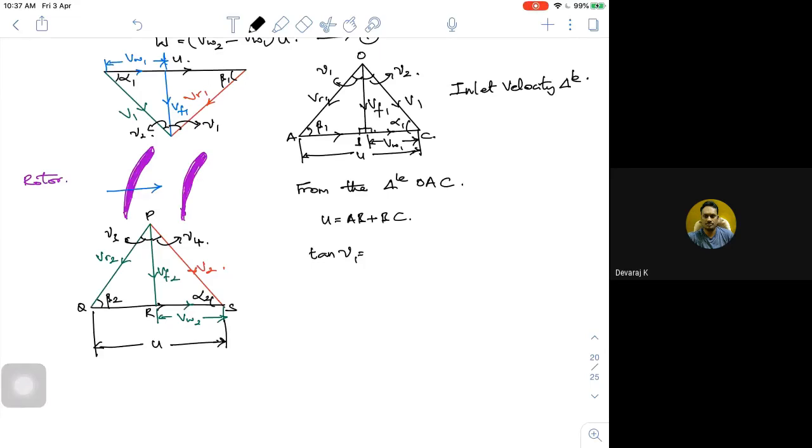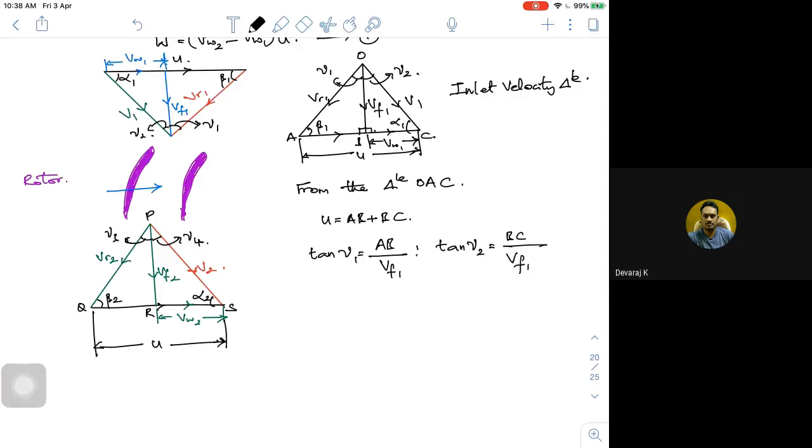So tan gamma 1 is AB divided by VF1. Similarly, tan gamma 2 is BC divided by VF1.